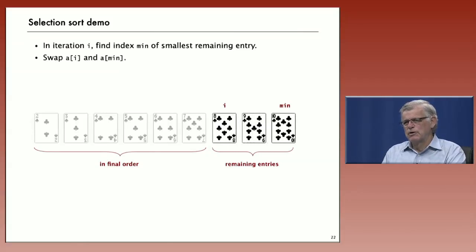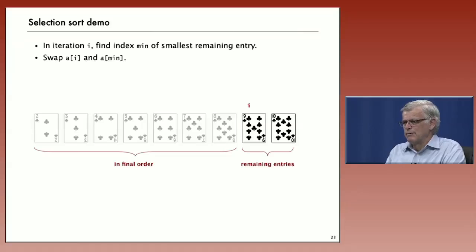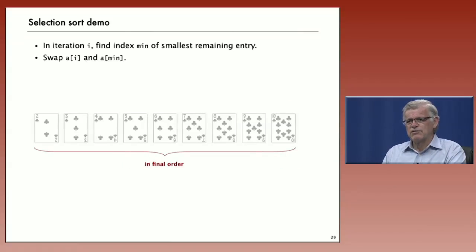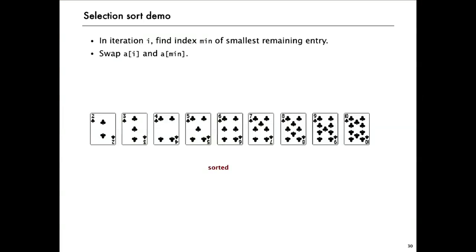Now the 8 is the smallest, and we swap. And now we know they're in order, but the program doesn't, so it has to look and decide that i and min are the same, and then it swaps it with itself and does the same thing for the last. And so after that process, then we know that the entire array is in its final order, all sorted.